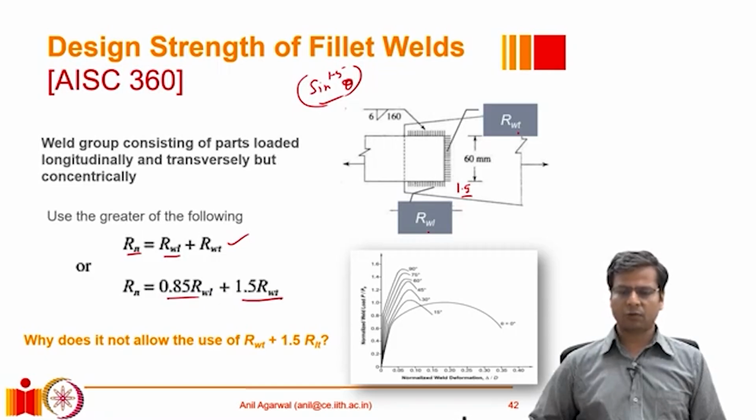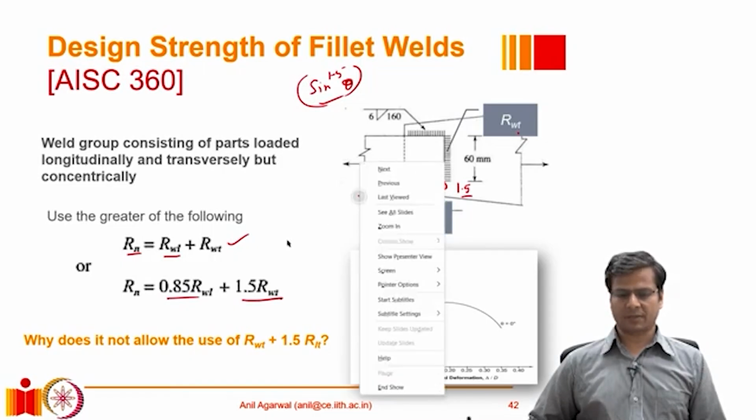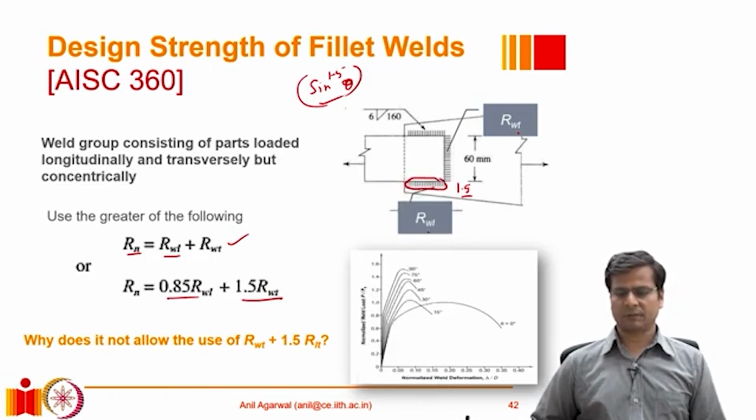But if you want to do that, you cannot use the full strength of this weld. In fact, you have to reduce the strength of this part by 15% and use only 85% of the strength. So either you can use both of their full shear strength, or for the end one, you use the full tensile strength, which is after amplifying for that factor, but then you have to reduce the strength which is available at the other weld.